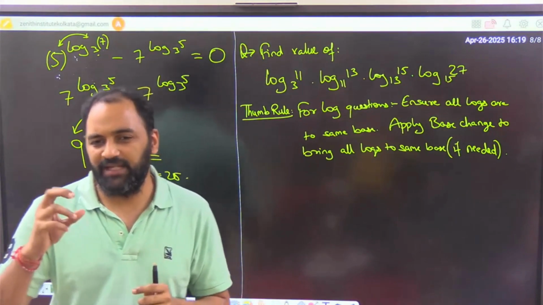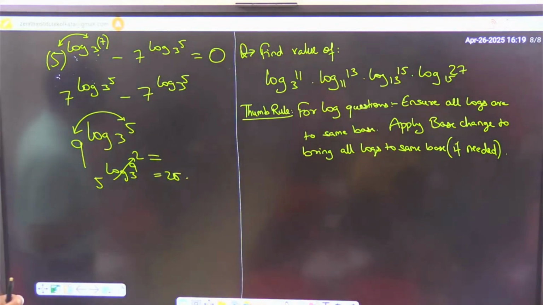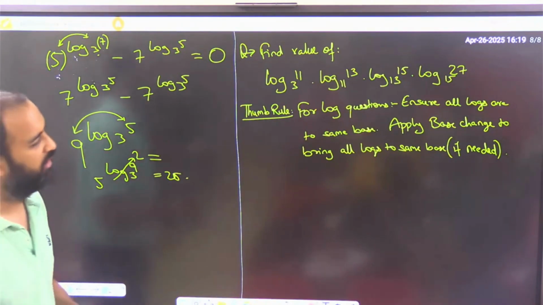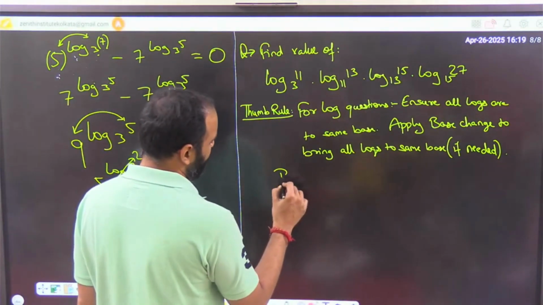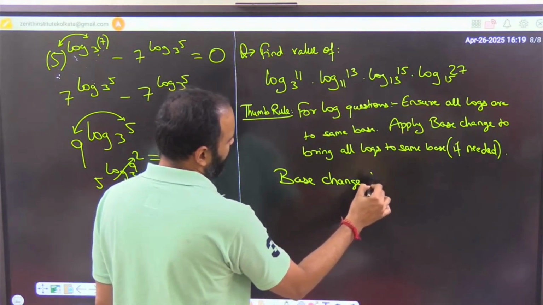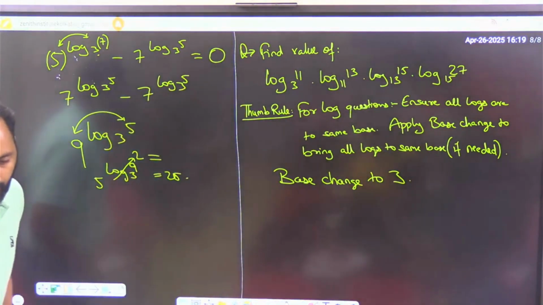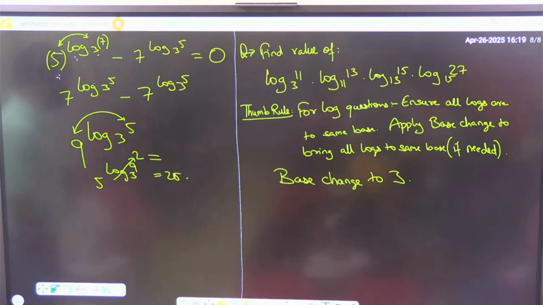We try to keep the base as small as possible. Generally, we try to keep the value of the base small because that can cater to more numbers. The smaller the value, the more numbers it can cater to. So the first step, base change to 3. सारे logs में base change to 3.